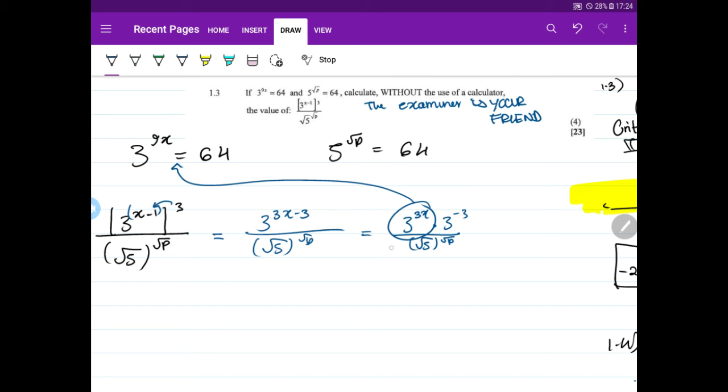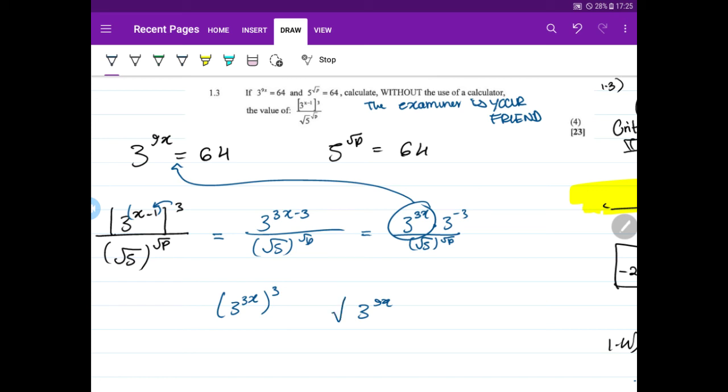What is the relationship between 3 to the power 3x and 3 to the power 9x? What do I need to do to 3 to the power 3x to get 3 to the power 9x? Easy. Raise this to the power 3.